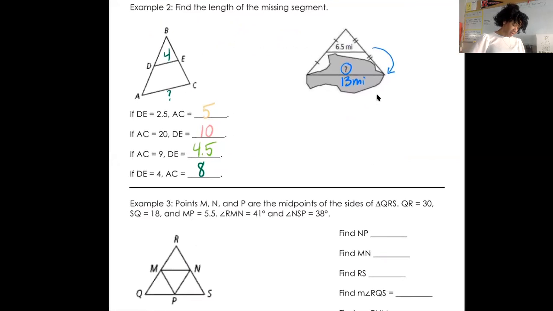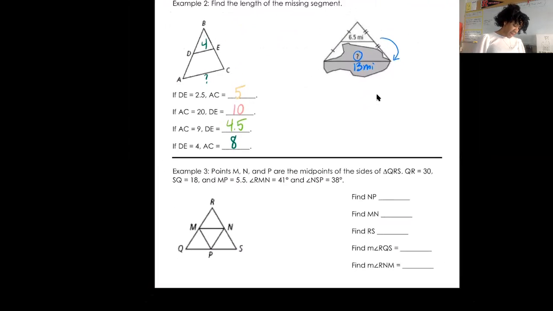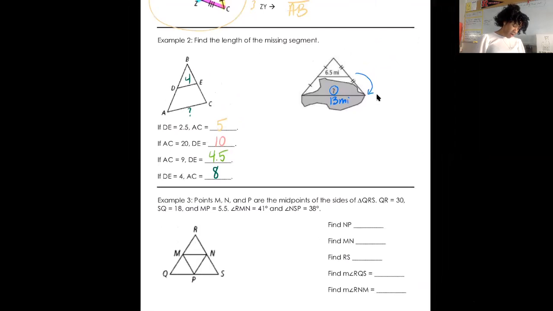Example 3. Points M, N, and P are the midpoints of the sides of triangle QRS. QR equals 30. SQ equals 18.